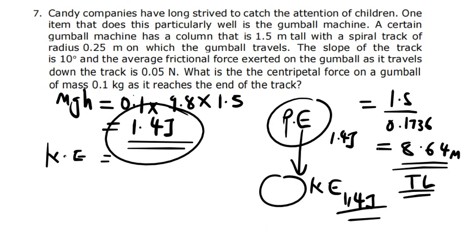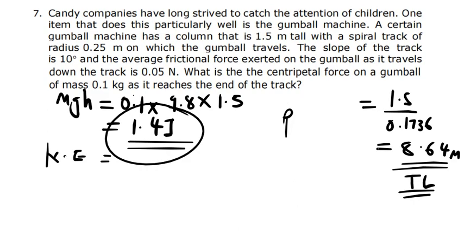However, we also had friction, energy that was lost due to friction, so we have to find the friction. So kinetic energy, we've said it is 1.47 as well, 1.4 joules. So we're supposed to subtract the friction that it experienced.